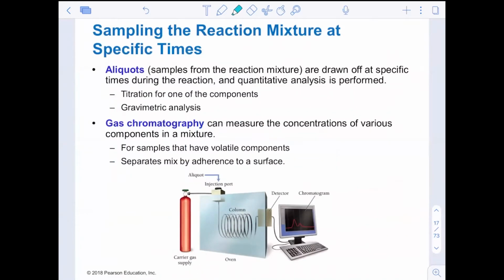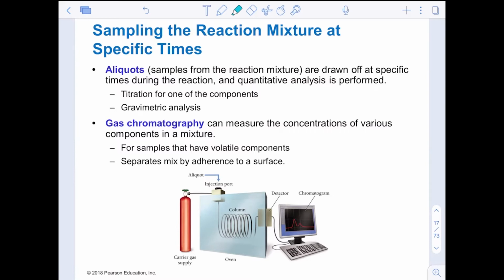Sampling the reaction mixture at specific times, if we wanted to do that, is what we call taking aliquots, taking specific samples. So you have your reaction mixture going, and at specific times, like half hour, 1 hour, 2 hours, you can actually take out a portion of your sample and run it on some sort of quantitative analysis.